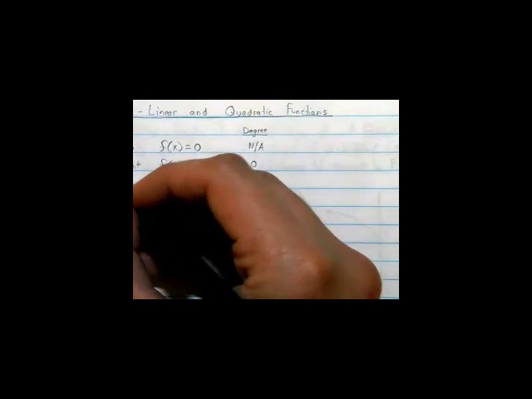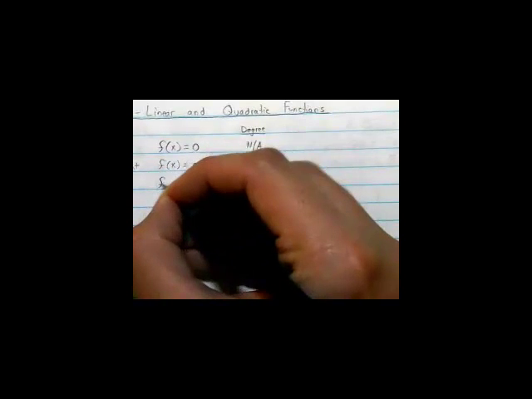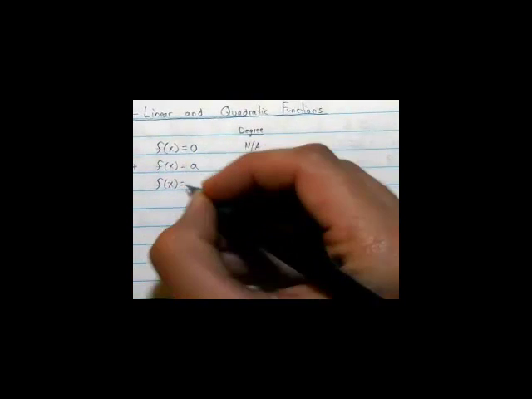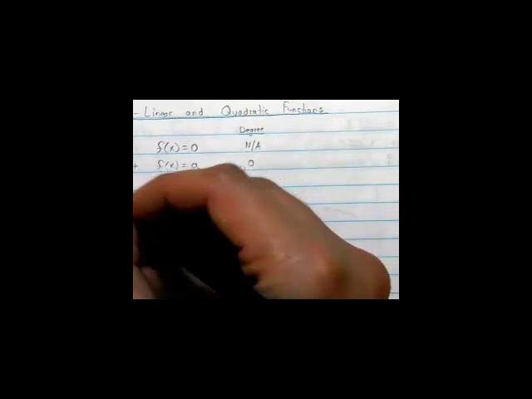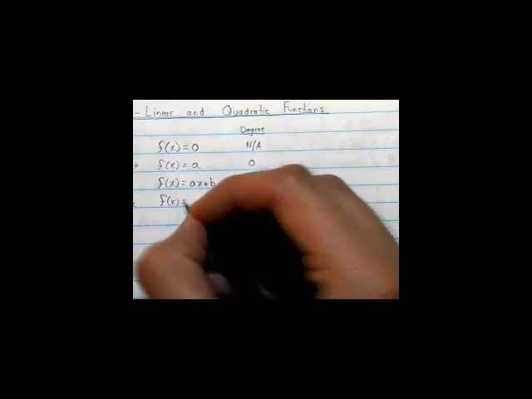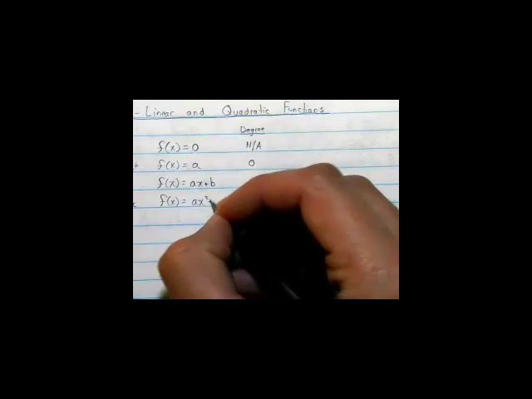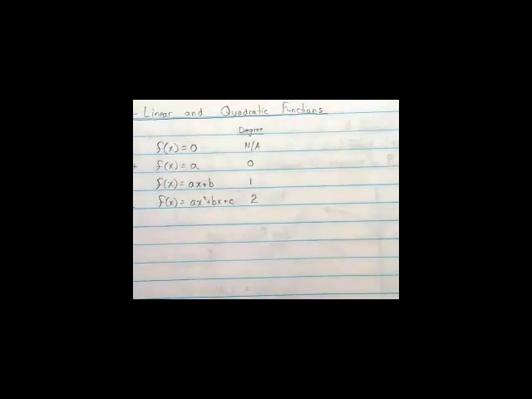This one, the degree is 0. Linear, which you guys spent like half of Algebra 1 talking about, is ax plus b. That has a degree of 1. And then the quadratic, f of x equals ax squared plus bx plus c. And that's got a degree of 2.